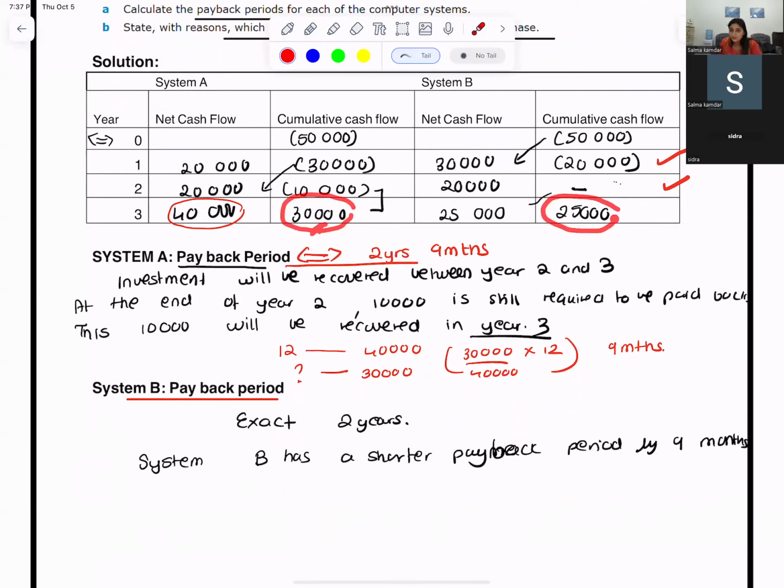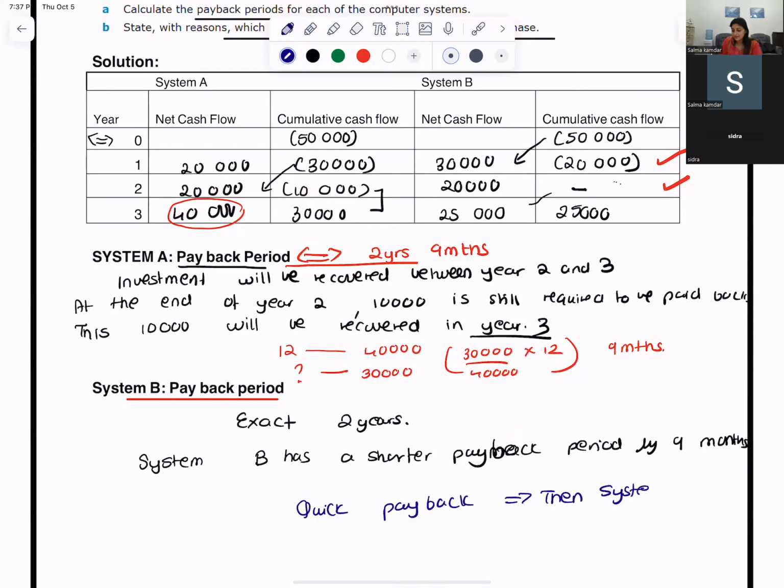So if you want quick payback, then system B should be chosen.